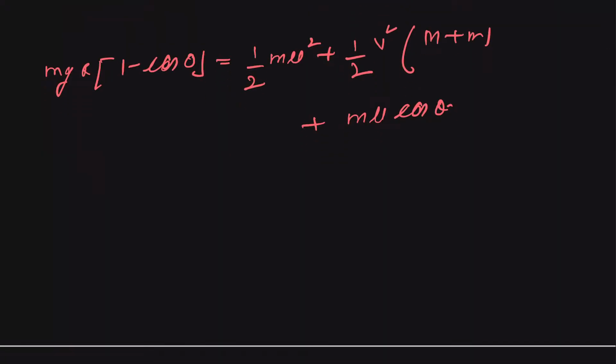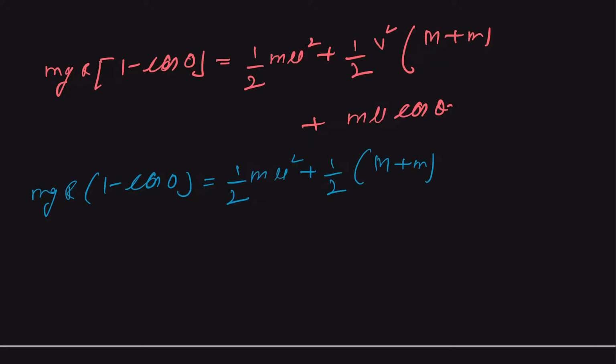So we get mgr times 1 minus cos of theta is equal to half m u square plus half, M plus small m, times v, which we just calculated as m u cos of theta divided by M plus small m, whole square, plus m u cos of theta.